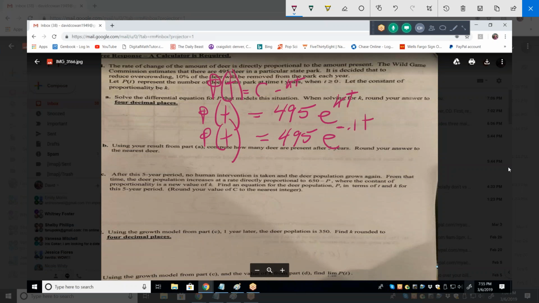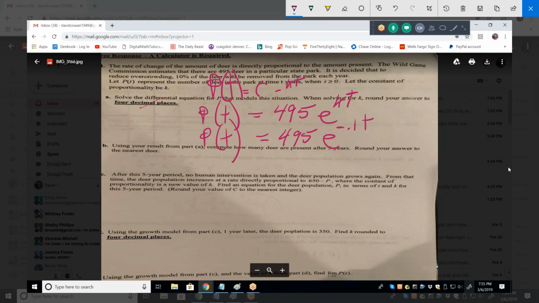They're asking us to round our answer to 4 decimal places, but I don't see anywhere where they're asking about after how many years. Am I missing it? Oh, they're asking us to round off k to 4 decimal places.